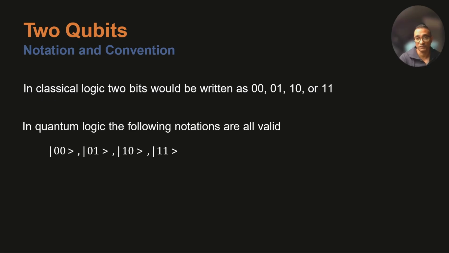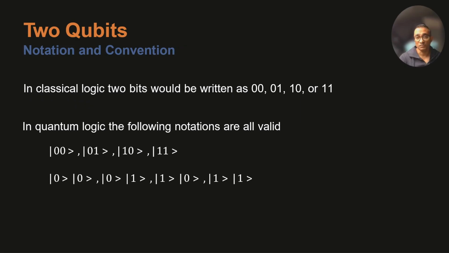Here, of course, the difference is that these are quantum states that are being represented, and they have a special way of writing, as we have seen all along, in bracket notation. So |00>, |01>, |10>, and |11> in bracket notation.